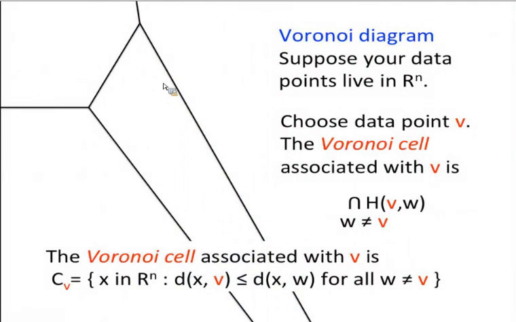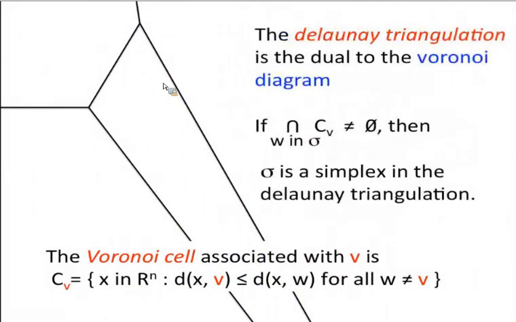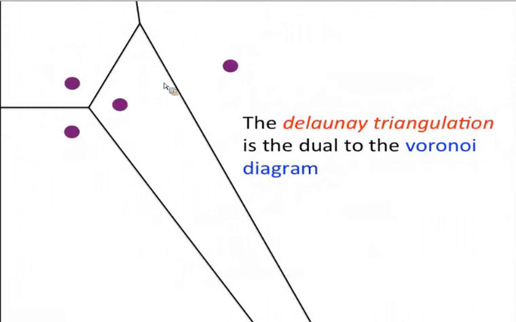We can then calculate the Delaunay triangulation by doing the dual. So for each cell, I get a vertex, and then I'm now doing the nerve again. If my cells intersect, I draw edges. And if the three cells intersect, the three cells do intersect right here, so I'll now fill in this triangle.